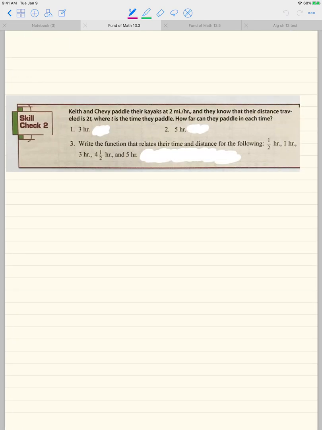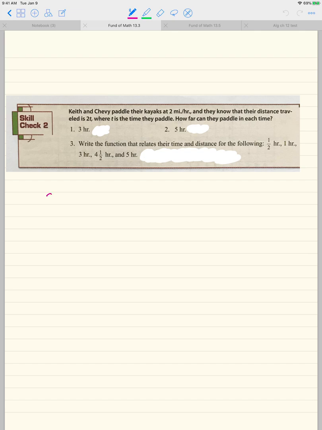Skill check number 2. Keith and Chevy paddle their kayaks at 2 miles an hour, and they know that their distance traveled is 2t, where t is the time that they paddle. How far can they paddle in each time?